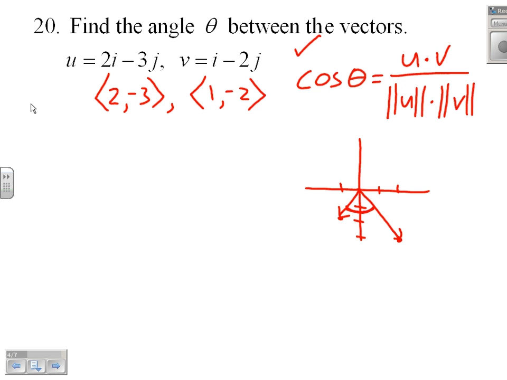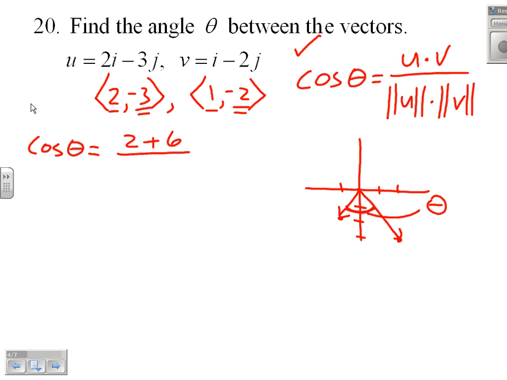And what we're trying to find right here is theta. So we could say the cosine of theta using this formula is u dot v, and u dot v is just the product of the horizontals, 2, plus the product of the verticals, negative 3 times negative 2, 6, all over the magnitudes.